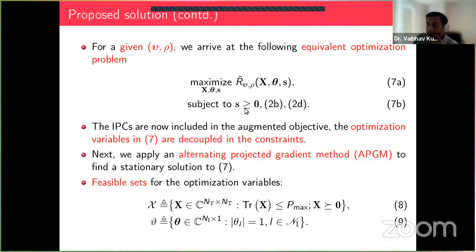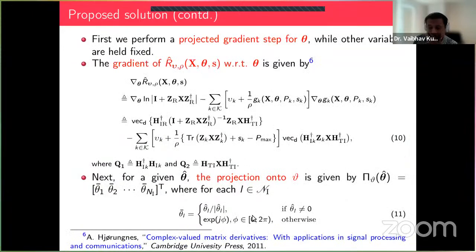Next, we define some feasible sets. This set X is the feasible set for my transmit covariance matrix, and Theta is the feasible set for my IRS phases. Now it is very simple to solve this optimization problem.